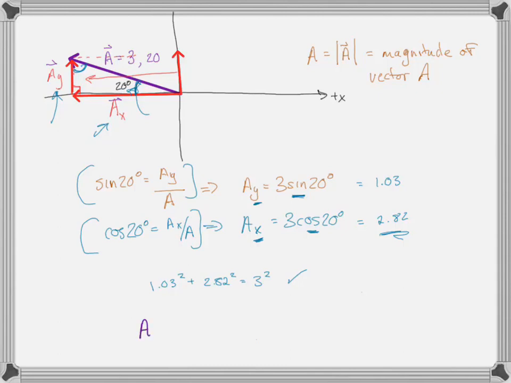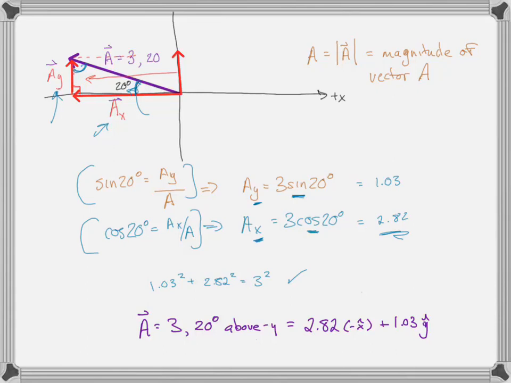So what do we know? We know that A is equal to 3 units, 20 degrees, I'm sorry, not north, 20 degrees above the minus y-axis. We also know now that it is equal to 2.82 in the minus x hat direction, because that's pointing to the left, plus 1.03 in the plus y hat direction.